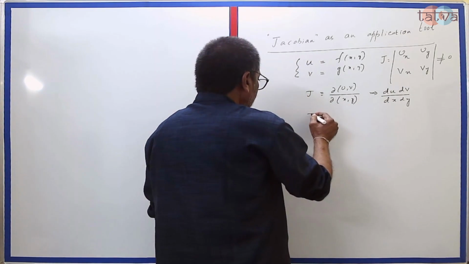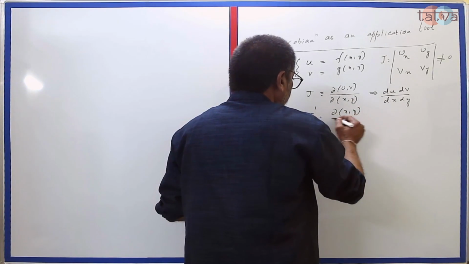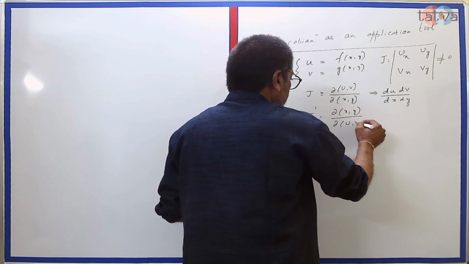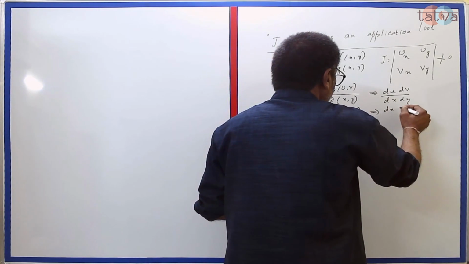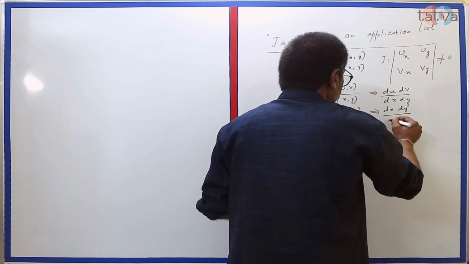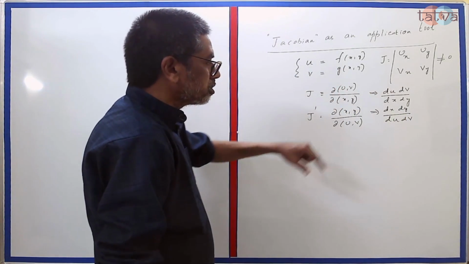So if you have J dash as dou(x,y) by dou(u,v), then this would be dx dy by du dv. The reciprocals of each other.